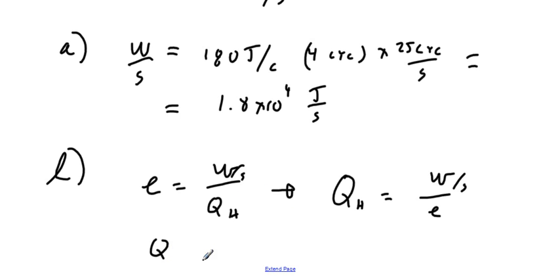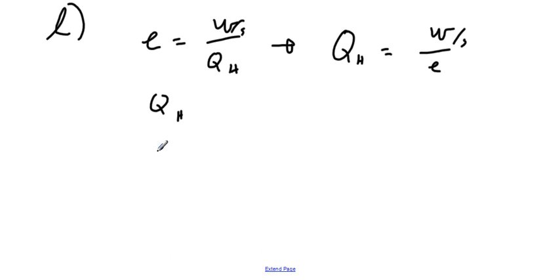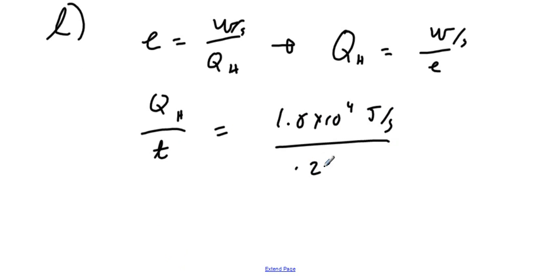So the QH per second is going to be 1.8 times 10 to the 4th joules per second divided by 0.22, which is going to be 8.2 times 10 to the 5th joules per second. That's the heat I'm going to have to put in in order to get the amount of work out that I'm getting out. I see.